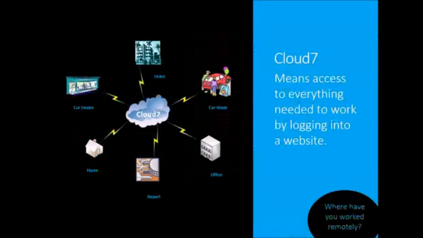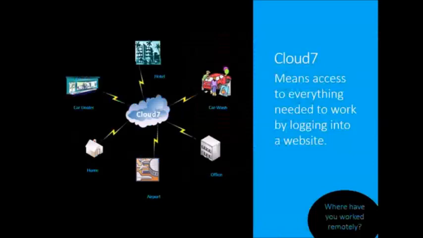So Cloud 7, what is it? Why do we have it? You guys have already been on it, but I want to refresh why we think it's such a powerful tool and why MyIT Pros as a company has chosen to use it as our platform for internal use.